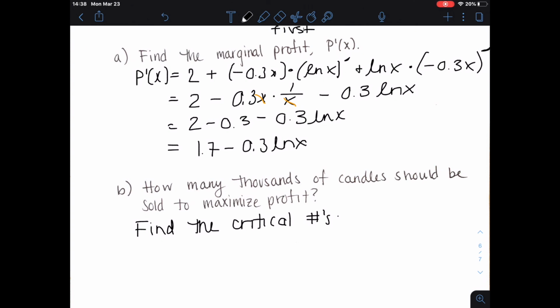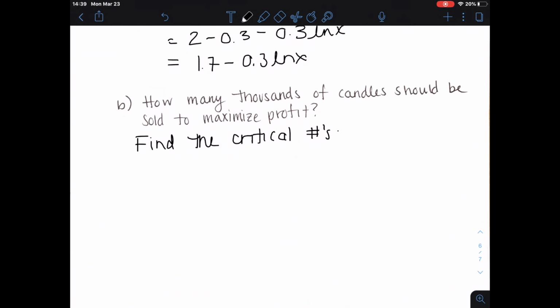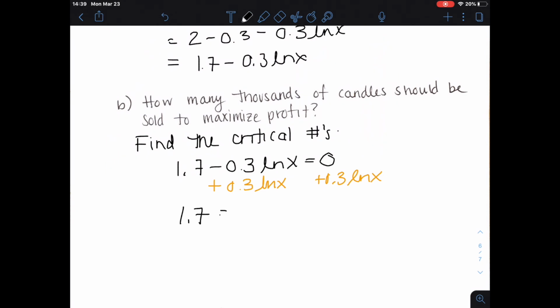It's technically undefined at 0 because the natural log function has a vertical asymptote. But we need 1.7 minus 0.3 ln of x to equal 0. So if you add the 0.3 ln of x to both sides, we get 1.7 equals 0.3 natural log of x.